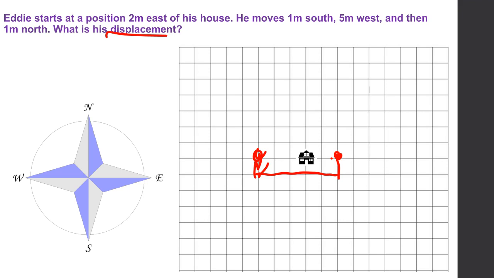So right there. So Eddie is 2 meters west of the original location. So the start was the house, 2 meters west. When you do these kinds of things, you have to draw them out. It's always a good idea to draw them out in order to answer the question.